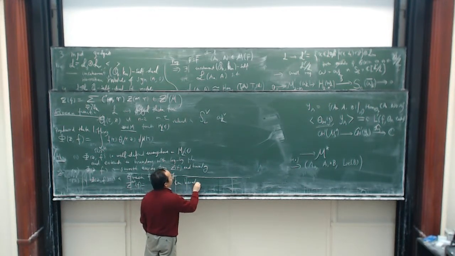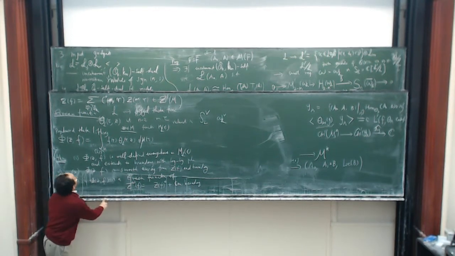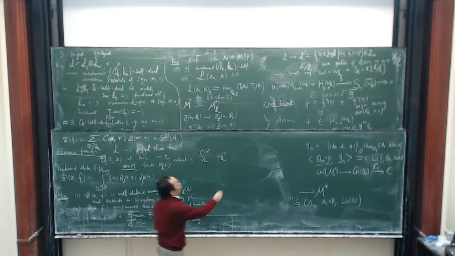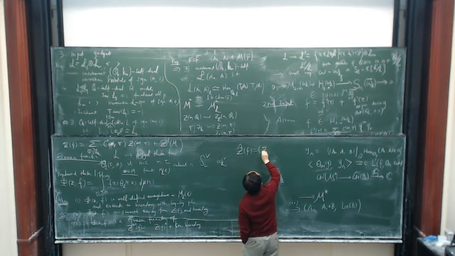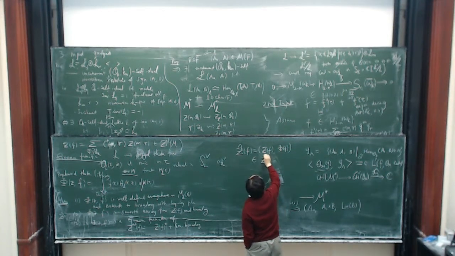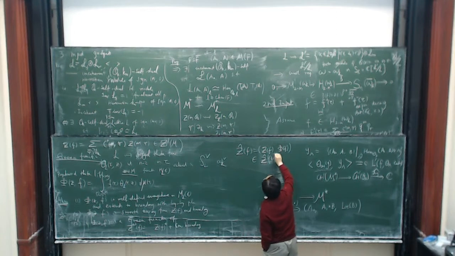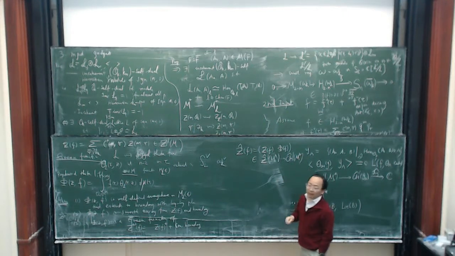This is all explicit, so it works. So here we define Z hat of F equal to Z of F and phi F, which is in Z1 of M star. Of course, you can think of it as L1 of M star.